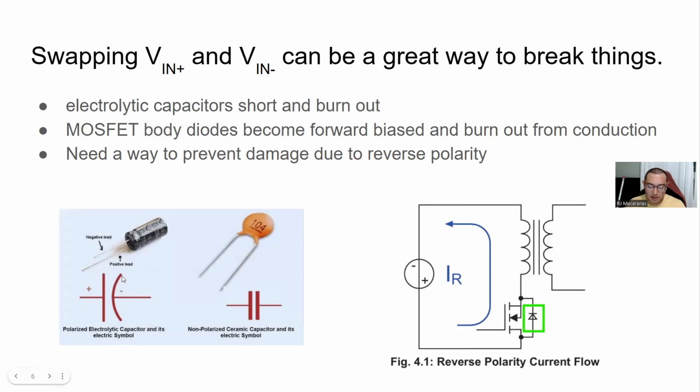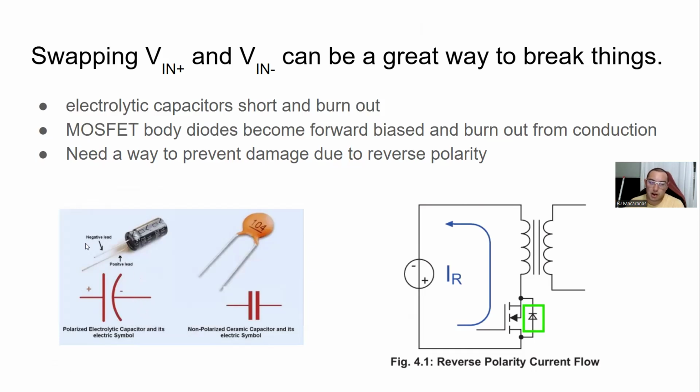But they have an interesting failure mode because they are polarized devices, and if you reverse the polarity on these pins, in that you connect Vin plus to this negative terminal and Vin minus to this positive terminal, in a sense forcing current to flow from the negative terminal to the positive terminal, well then it's actually going to just end up shorting out the capacitor. Right, and so this is going to obviously break your converter. So it's something we want to protect against.